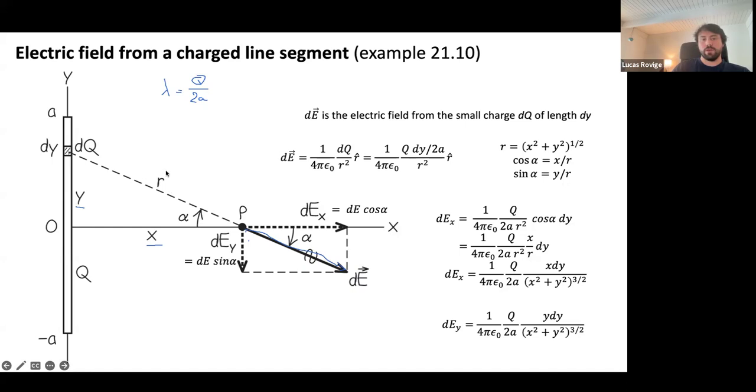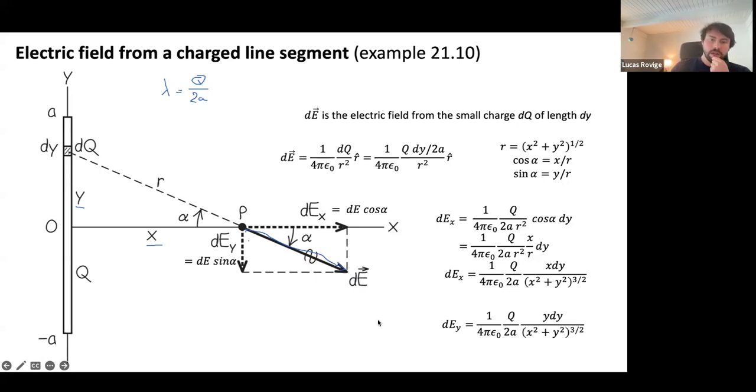And the distance from this small element dy to P, sorry, is r equal to x squared plus y squared to the power 1/2, so the square root, from the two sides of the triangle. Okay, so here we have the system defined.